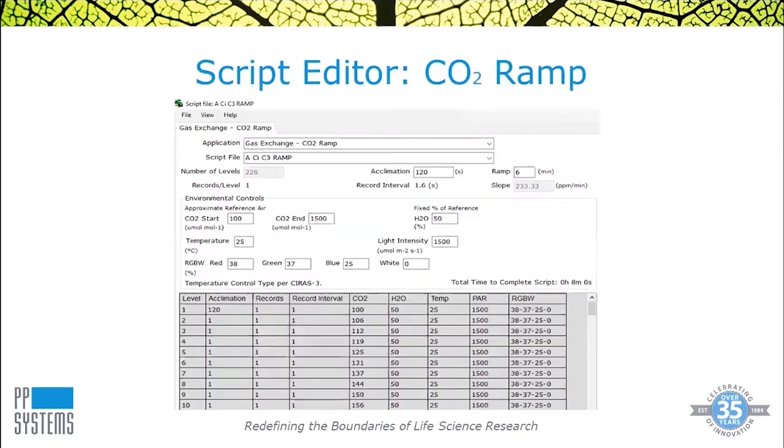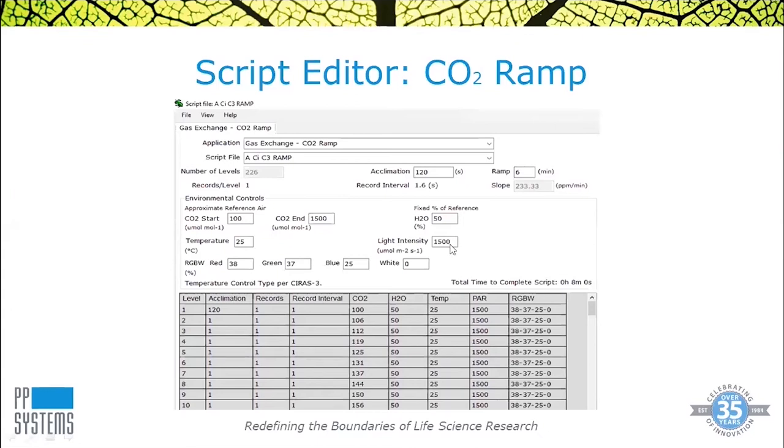So that's the story. You can edit these ramping scripts in many different ways. This is one that's designed for a typical C3 plant. Things you can control are the starting CO2 concentration, the final CO2 concentration, the water vapor percent of reference, temperature, and light intensity.